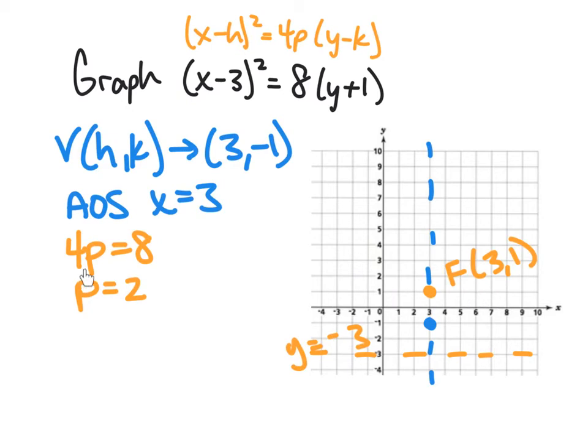Well, earlier we wrote down that 4p was equal to 8. So I'm going to go out 4 in each direction to 7 and -1 to give me this distance of 8 in between. And those are going to be my connecting points. And that's how we graph given this form.